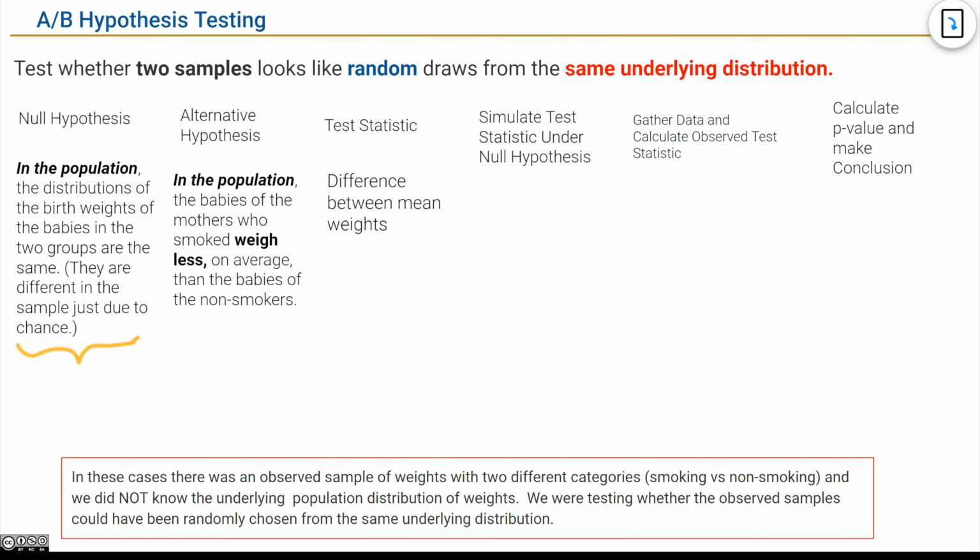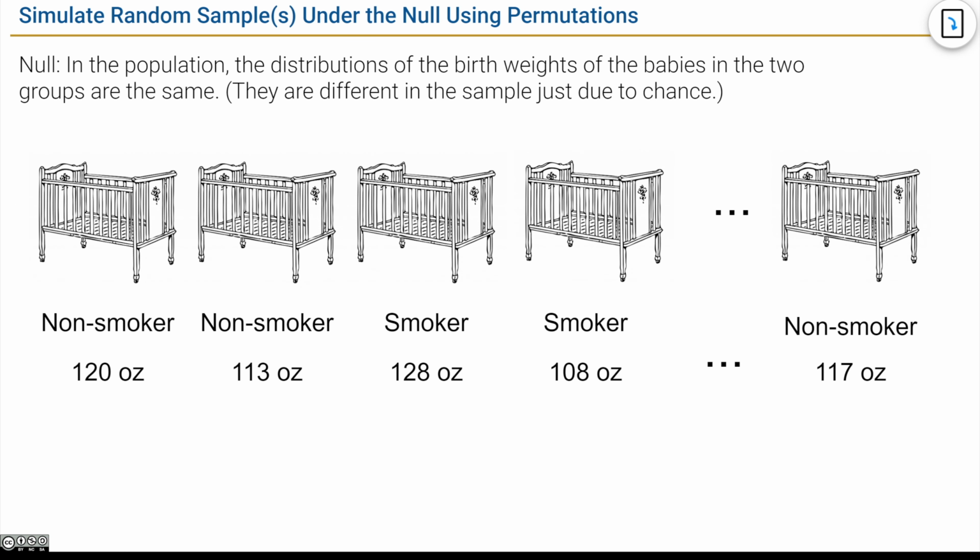And so the new tool we're going to use is actually this idea of what's called a permutation. So if we assume that we're in the world of the null hypothesis, where the distributions of the birth weights of the babies in the two groups are the same, then if we took our data, right now for each baby weight here, it's matching it with either a non-smoking mother or a smoking mother.